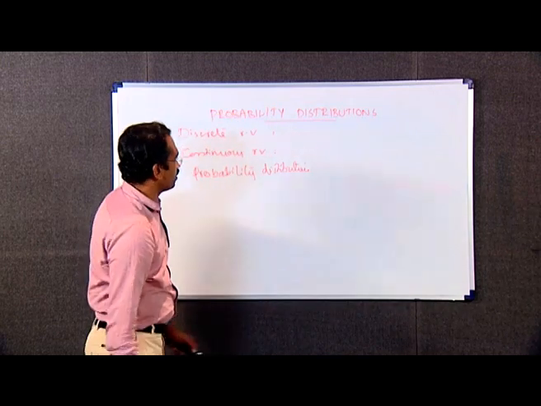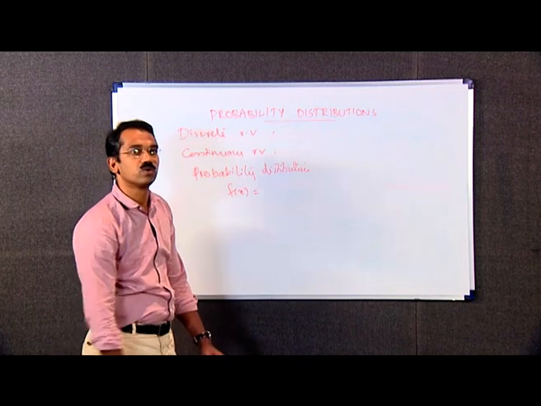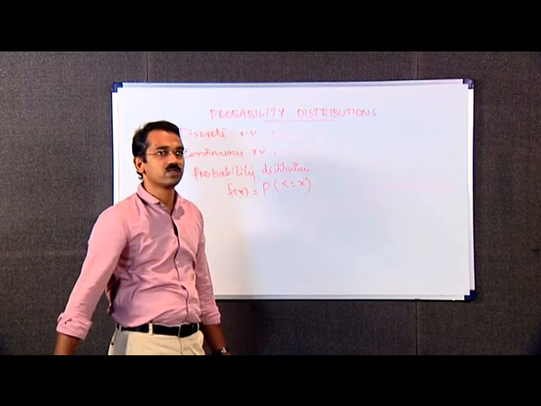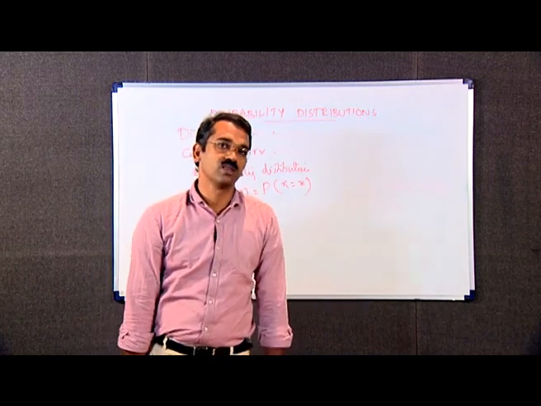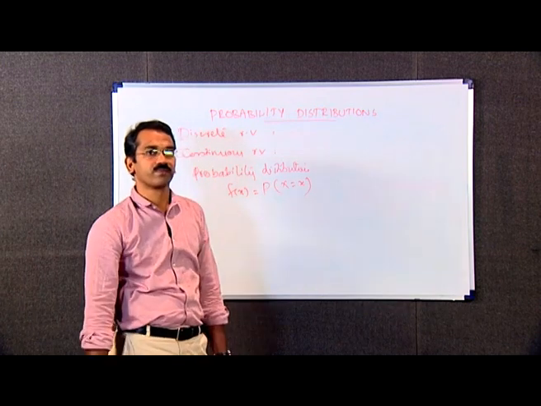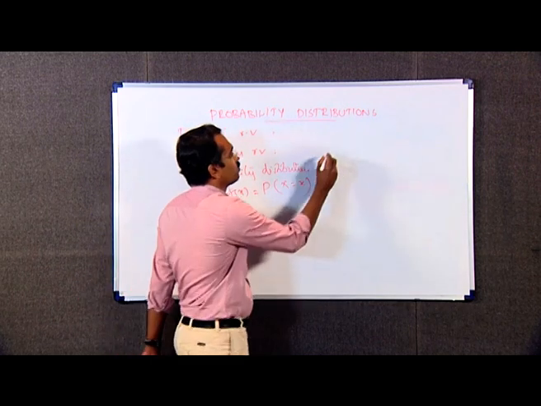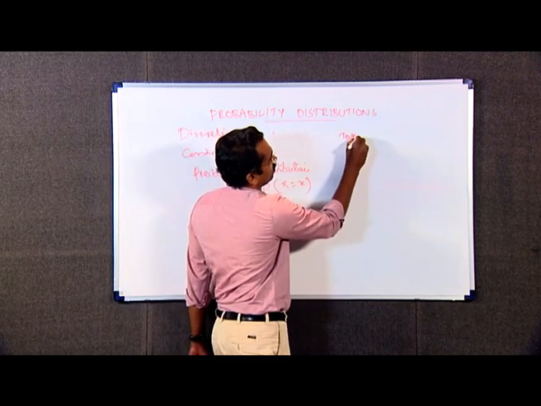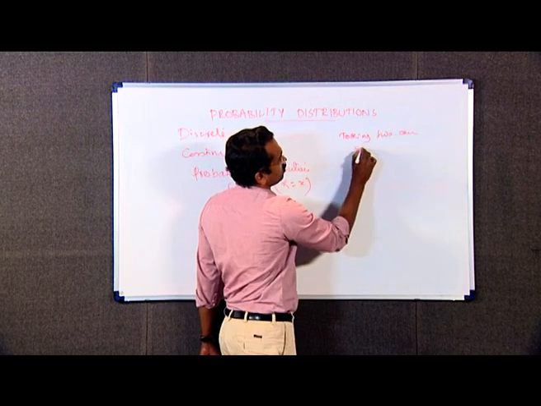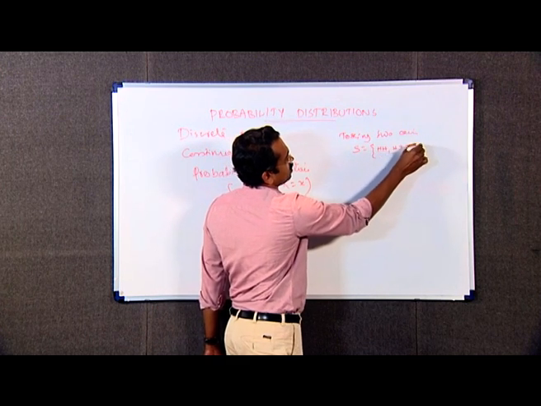A probability distribution is a function f of x which is equal to P of X equal to x, which assigns the probability for each outcome of a sample space. For example, if we consider the experiment of tossing two coins, the sample space is HH, HT, TH, TT.